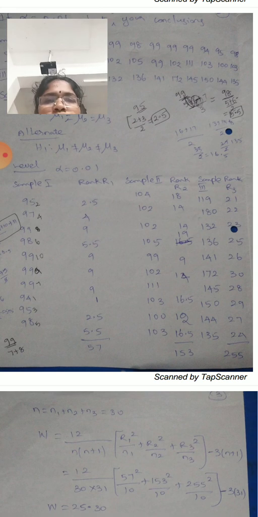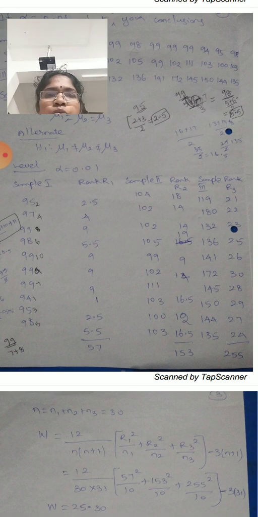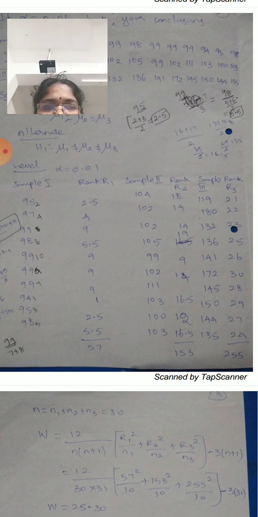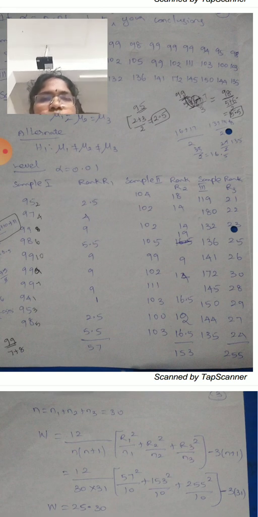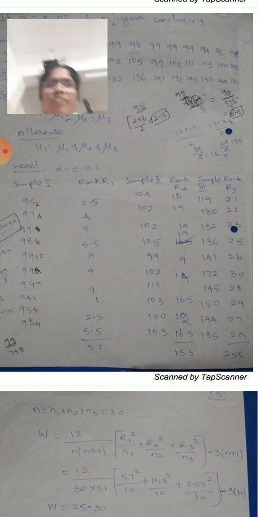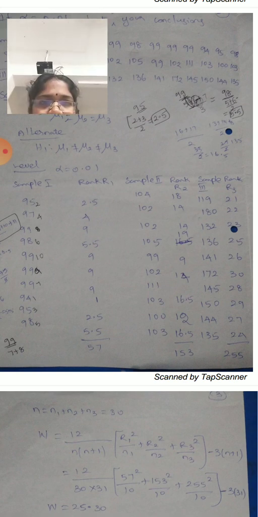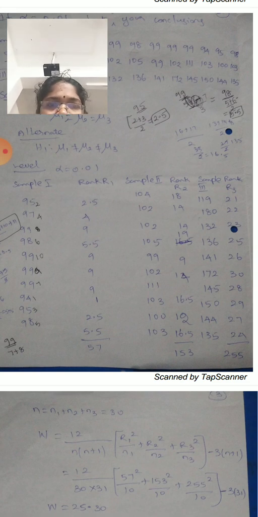We put ranks for sample 2 as R2, and ranks for sample 3 as R3. Then we add the totals. Therefore summation R1 equal to 57, summation R2 equal to 153, and summation R3 equal to 255.